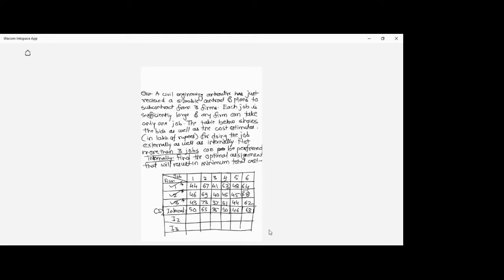So now the internal companies will require the same cost for completion of the job. So here also the amount will be the same as I1: 50, 65, 35, 50, 46, and 63. And here again it will be 50, 65, 35, 50, 46, and 63.